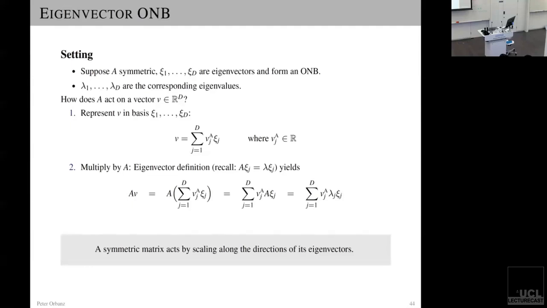Or if we take one matrix and look at its basis of eigenvectors, and we take the standard Cartesian basis, we can also transform between these two by an orthogonal matrix.